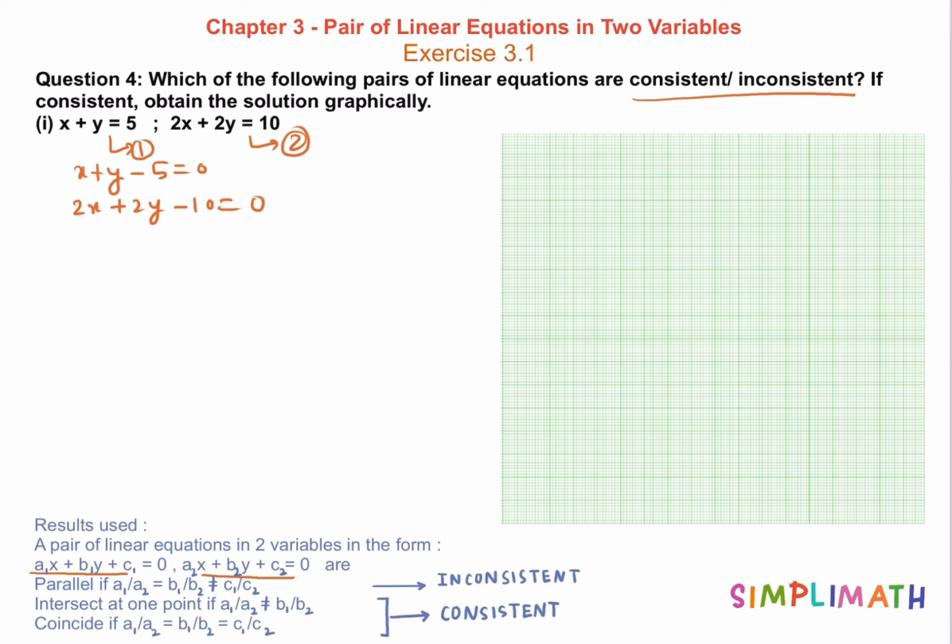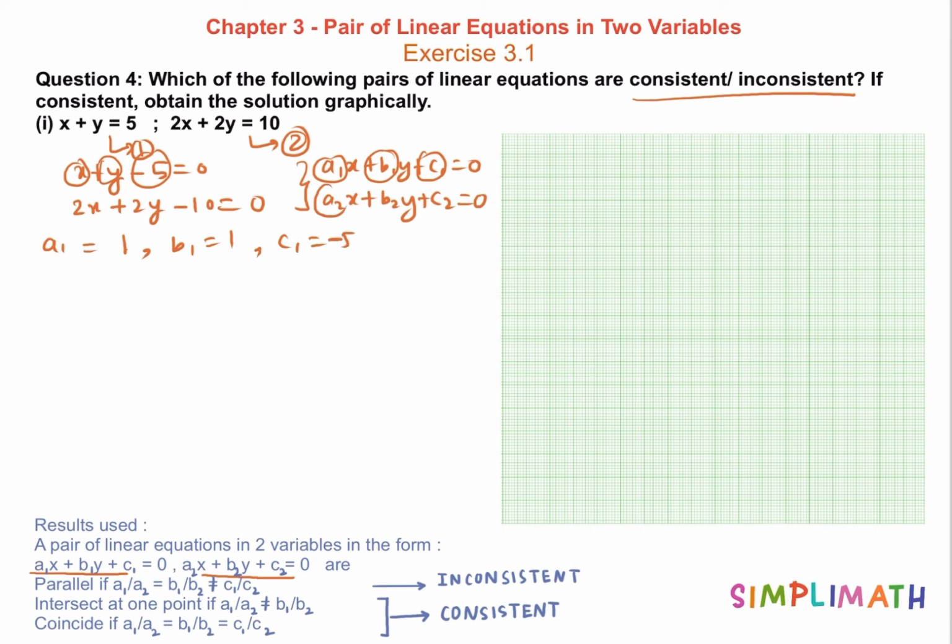Now when we compare this to a1x plus b1y plus c1 equal to 0 and a2x plus b2y plus c2 equal to 0, we can say that a1 is equal to 1, b1 is equal to 1, c1 is equal to minus 5, a2 equals 2, b2 equals 2 and c2 equals minus 10.